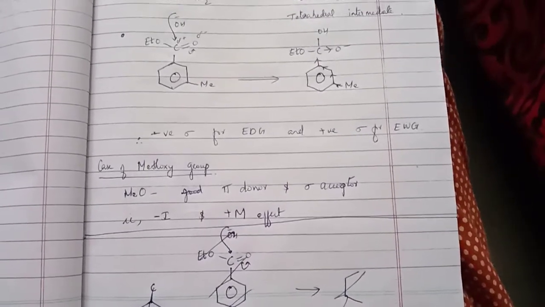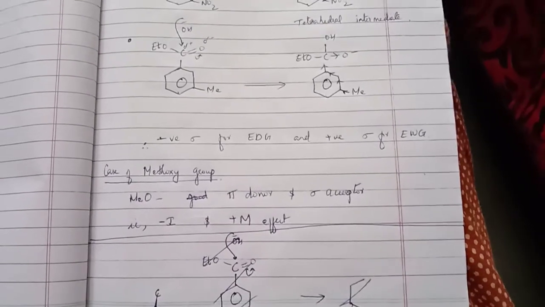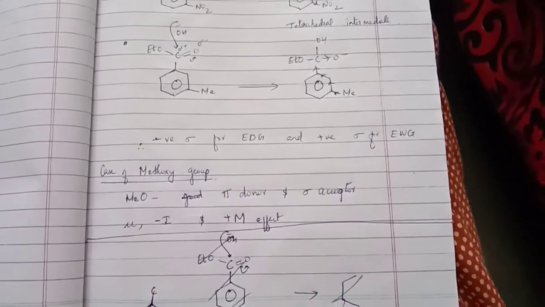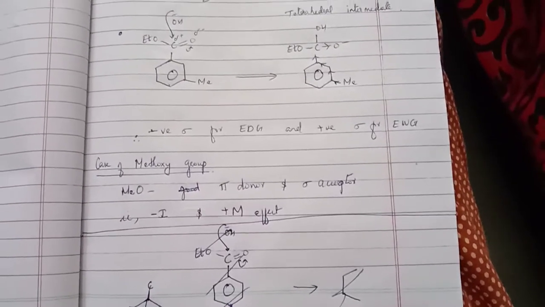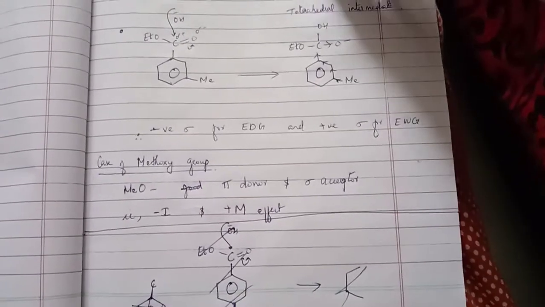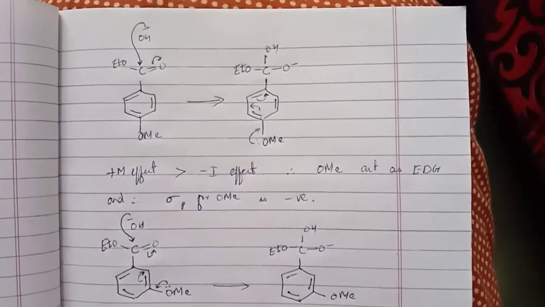And when it is attached to a benzene ring, the lone pair on the oxygen will be conjugated into the benzene ring. So that is the plus M effect. So minus I effect and plus M effect. How these two will act together, that we can see.